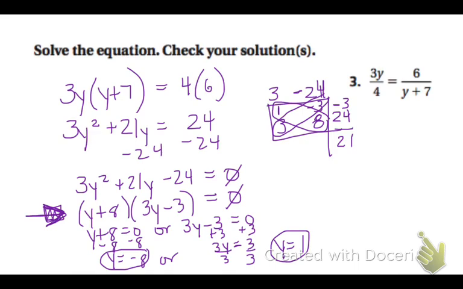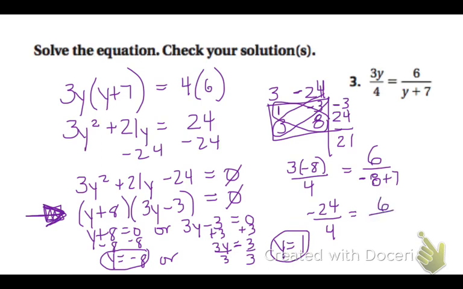So going back to the original problem, we're going to have 3 times negative 8 for the checking, right? All over 4, and that would be equal to 6 over negative 8 plus 7. So negative 24 over 4 is equal to 6 over negative 1.